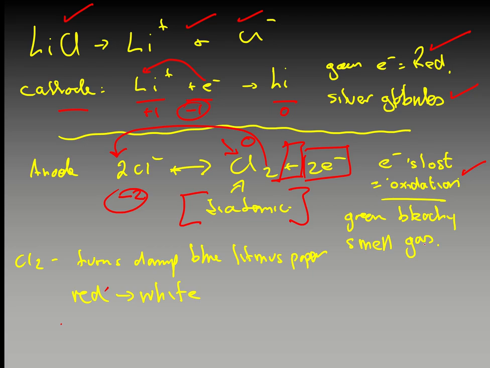Okay, chlorine, you should know from your periodic table stuff last year, is a greenish color, and it smells of bleach. So a pungent smelling or a bleachy smelling gas would be appropriate there. Your test for chlorine is that it turns damp blue litmus paper red, and then it turns it white. That's your standard test for chlorine. It might not be in all the GCSE specifications, so you may or may not know that.